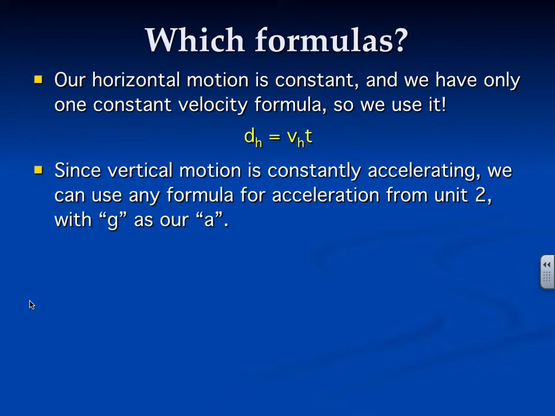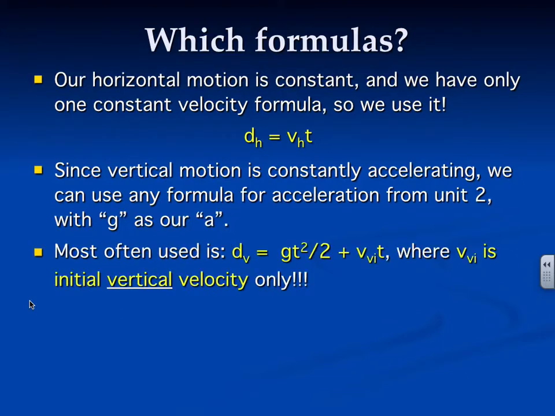Similarly, if we're going vertically, we're accelerating, but we're going up and down, so everything's going to be vertical. We are accelerating, and that acceleration is due to gravity. So we already know what our acceleration is. It's going to be g. So we can get away with any of the acceleration formulas that we learn in Unit 2, but the one that we use the most often is d equals at squared over 2 plus vit.